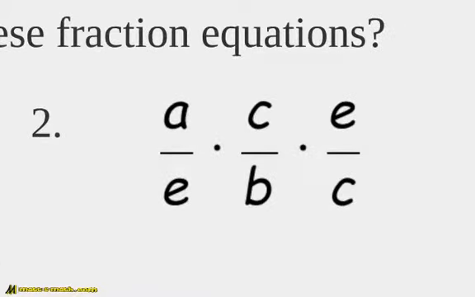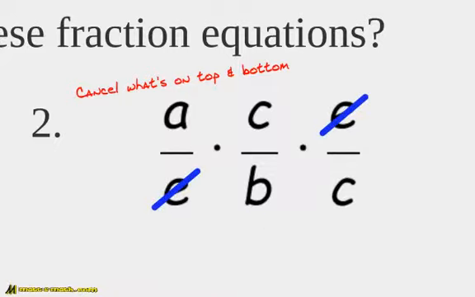Now let's look at something a little bit harder. When we have a over e, c over b, and e over c, what do you do there? Well, we're going to multiply across, but we can cancel out the same things that are on top and on bottom. What do you have on top that's also on bottom? Numerator means top, denominator means bottom. We have an e on top, so that cancels with the e on the bottom, because what is e over e?